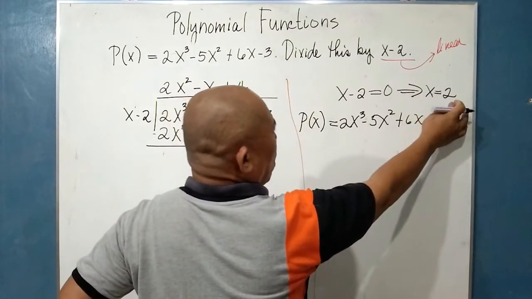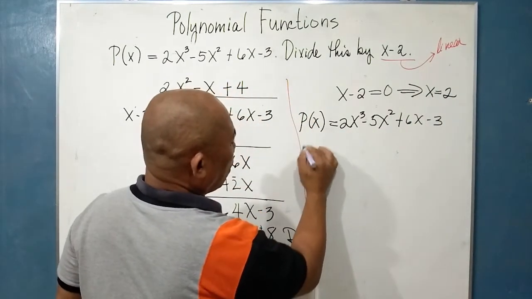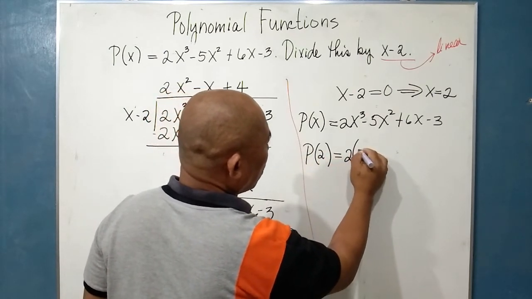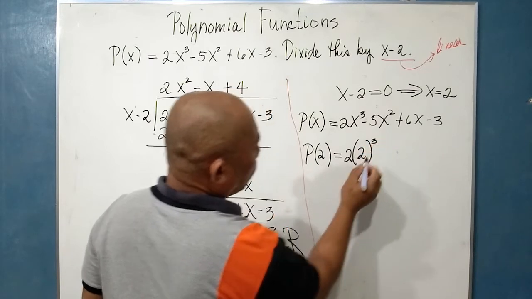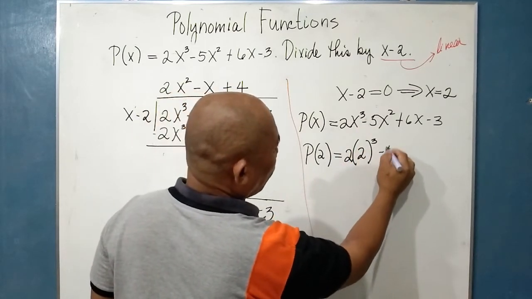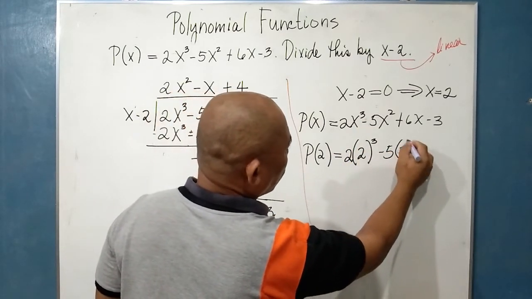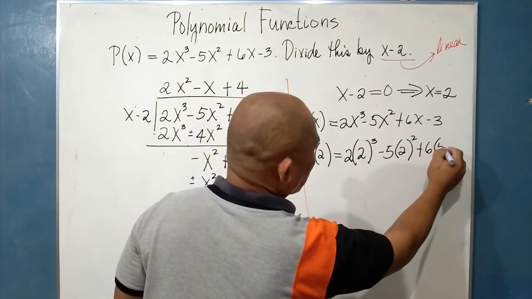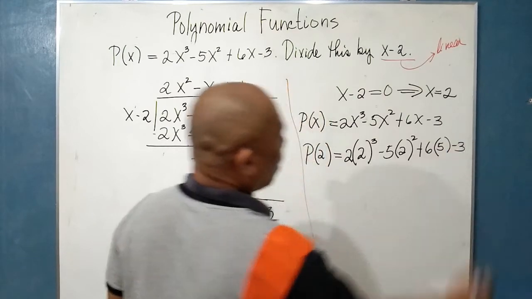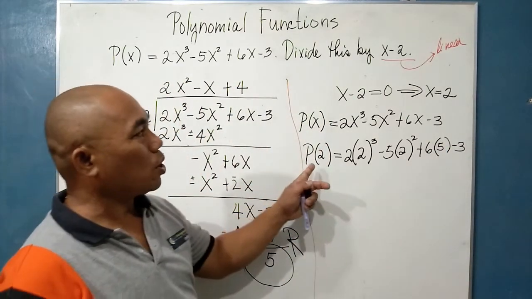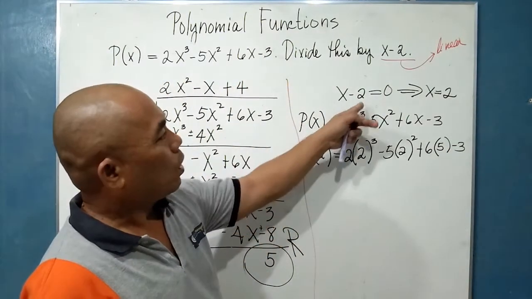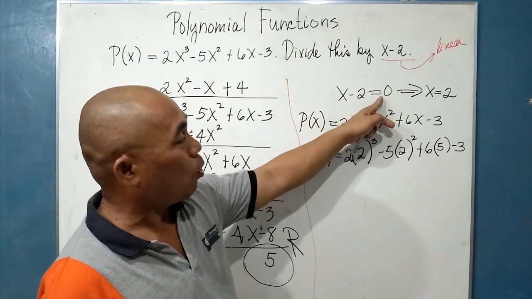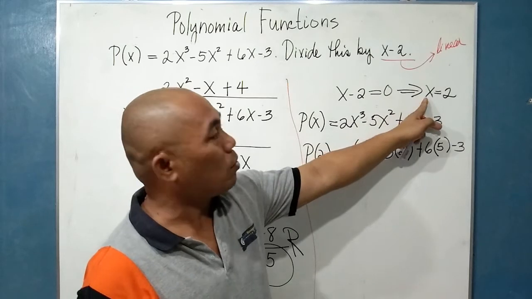So at x equals 2, kulian to lig 2. So natay p of 2 equals 2 times 2 cube. Cube man, di ba? Minus 5 times 2 squared plus 6 times 2 minus 3. So naghimo ta og substitution, no? Kay mao man ni ang atong divisor nga linear atong equate sa 0. So i-solve na to ang value sa x, that is 2.